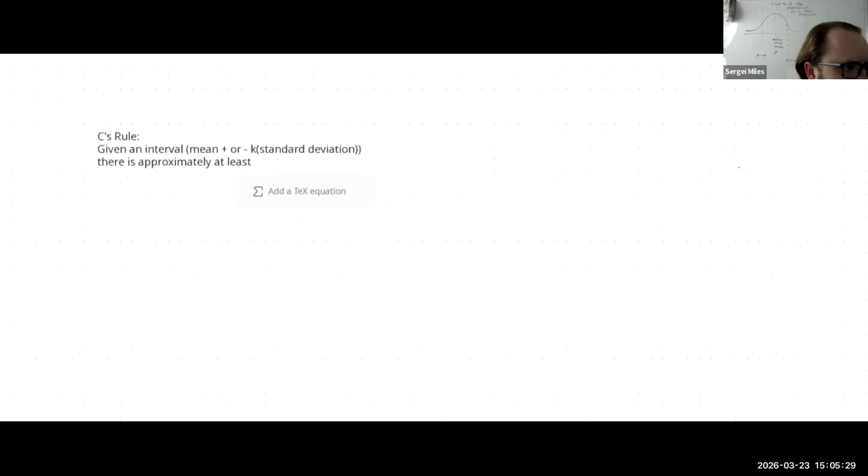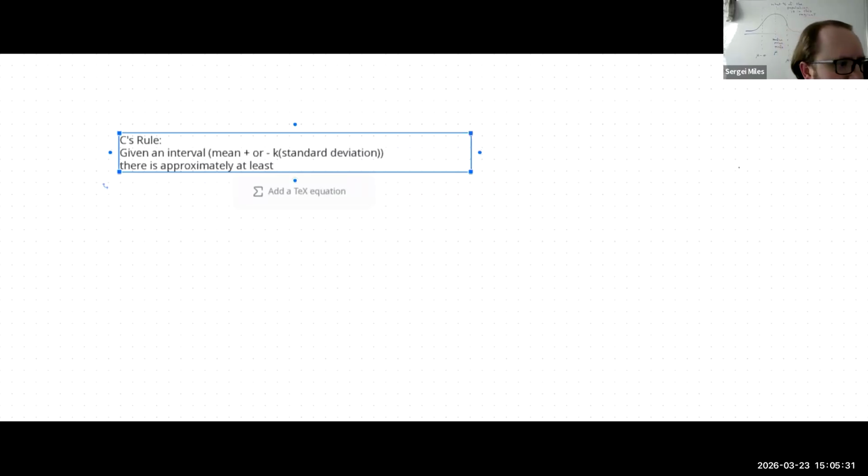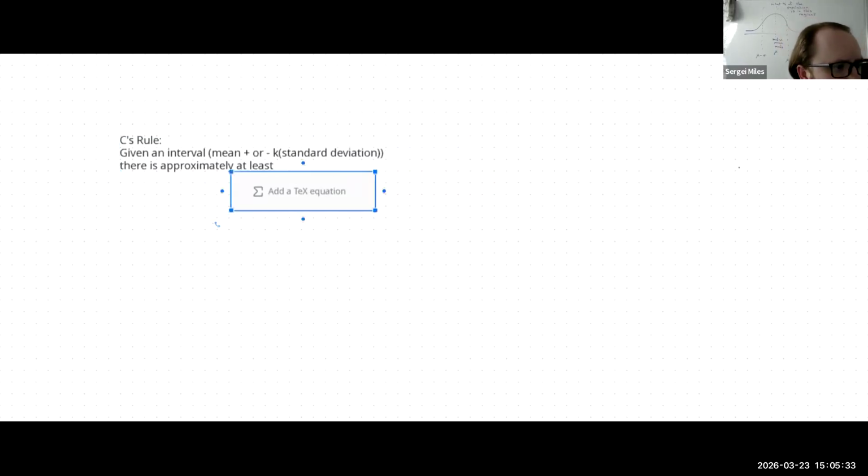So given some interval, which is plus or minus a k number of standard deviations, then he had determined that there was at least 1 minus 1 divided by k raised to the second power. Oh, this whiteboard is kind of terrible. All right, I was hoping for better. Let me close that. That's not good.